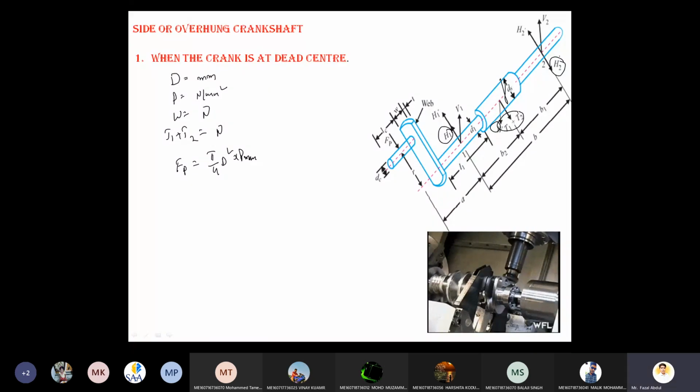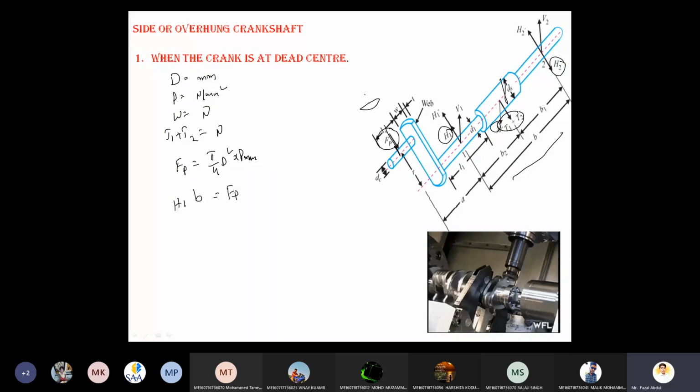Okay, so what are those? I'm calculating now. See here, taking moment about this point H, H1 into B equals FP into... here the connecting rod is connected to the piston.